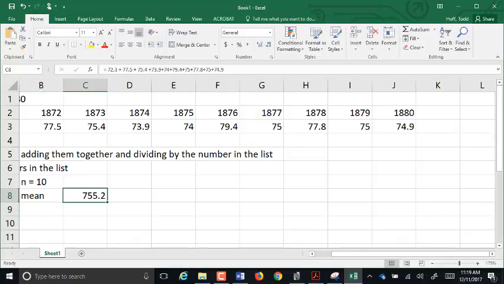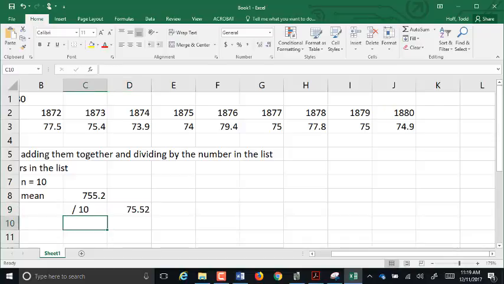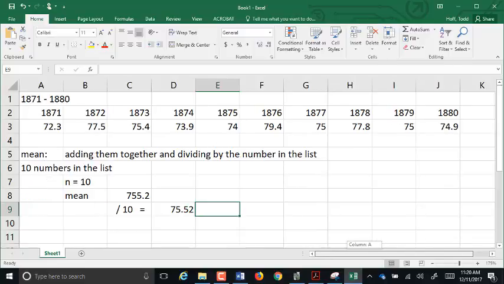So we added them all up to get 755.2. And of course, we are going to divide by 10. So that's going to equal 75.52 is the mean. So the mean temperature during that period of time is 75.52.